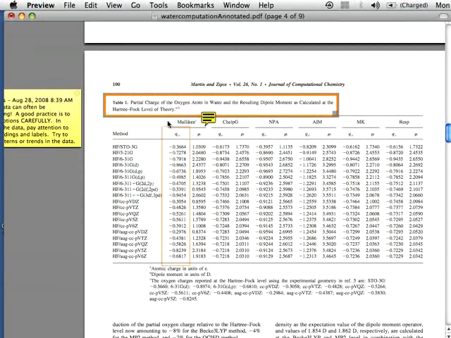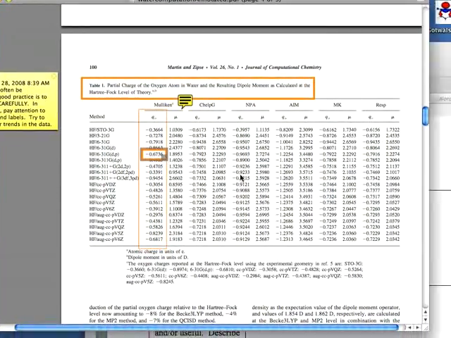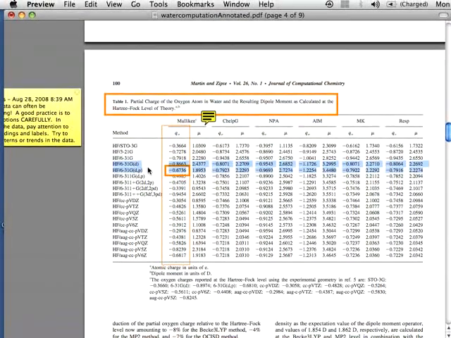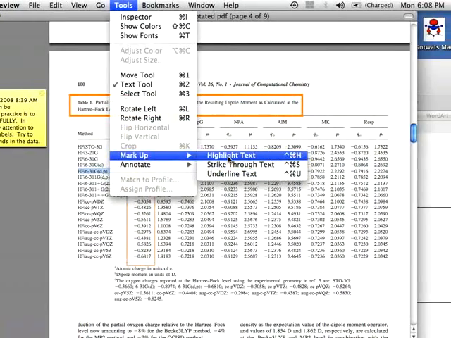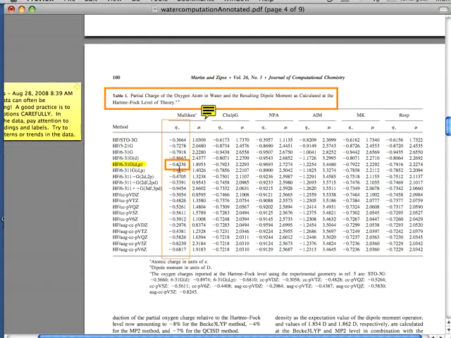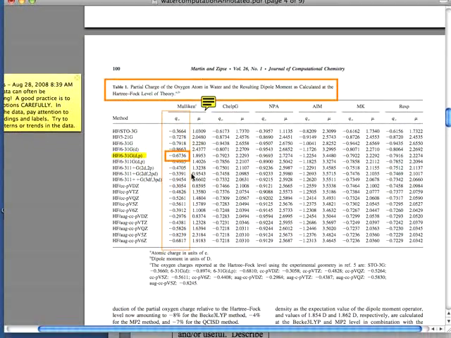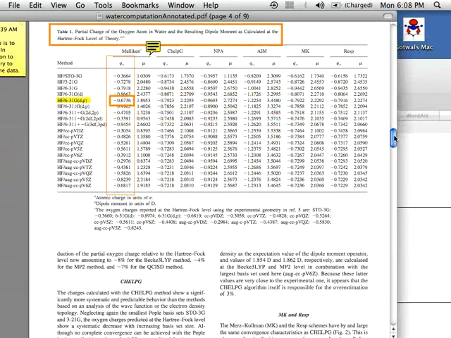Actually, let me see if I can do a markup here. Yes, I can. Let me put, whatever this method is right here, does a pretty good job of getting close to that minus 0.66. So are there any that are better? That's probably pretty close to the best one. So again, just doing a quick run through of the data here is sometimes a helpful thing to do.